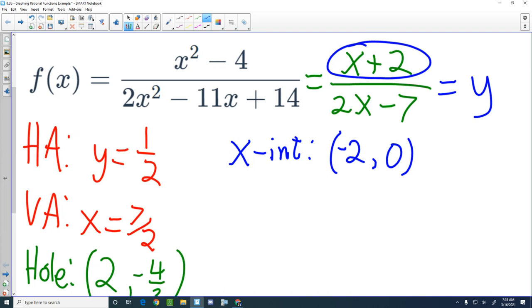If x is a negative 2, we're going to get a 0 in the numerator, and 0 divided by anything is still 0. So that gives us the point negative 2, comma 0. So that is the x-intercept.